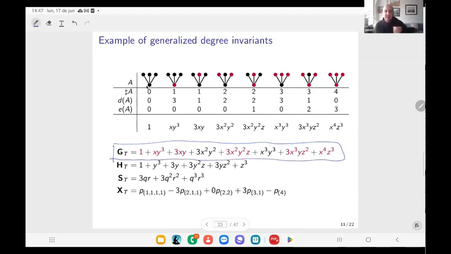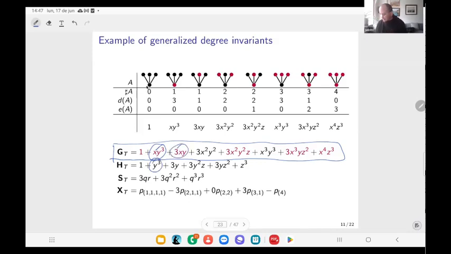And then the purple terms are the terms that satisfy that the power of x is 1 more than the power of c. And so then I evaluate them at 1. So for instance, if I take this and I make x equal to 1, I get y to the third and so on.